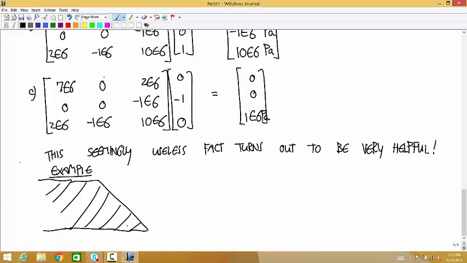And let's say that this makes an angle of 45 degrees. And say that we have a way to measure the stress of material points along this edge.